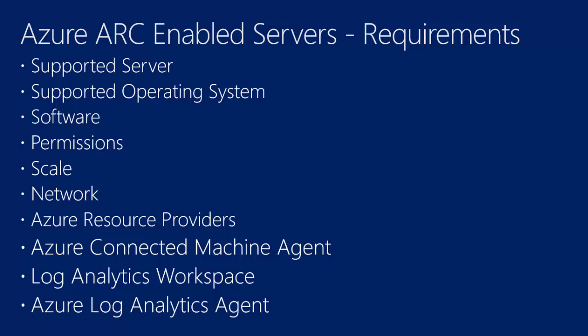We support CentOS version 7 and 8 right now. SUSE Linux versions 12 and 15, Red Hat versions 7 and 8, Amazon Linux 2, Oracle Linux 7 and 8. Now, check to see what the supported list includes. It could change from the time that I'm recording this, but those are the ones that we support now.